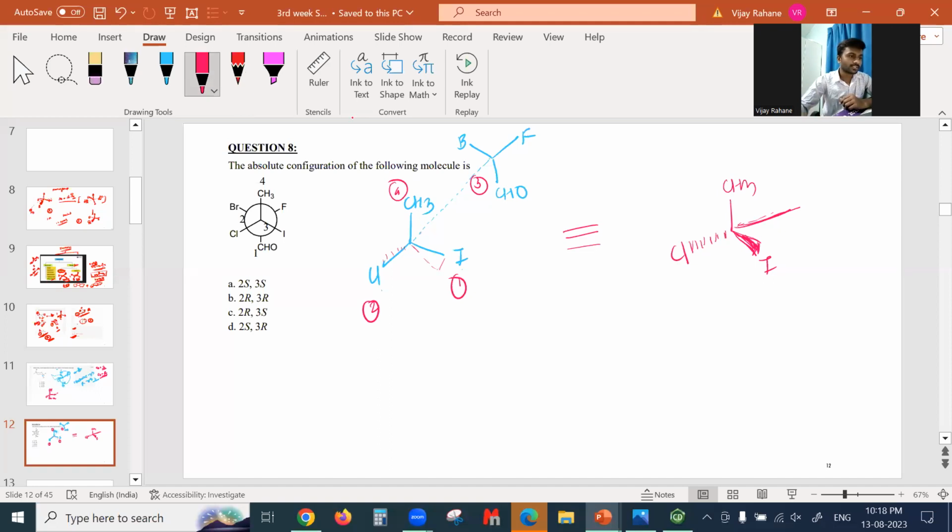I have taken this to this side and this to that side a little bit, just to get good alignment and to view the molecule in the correct direction, so we can assign it very easily. Or else we can also give proper numbering and assign the configuration from here as well.